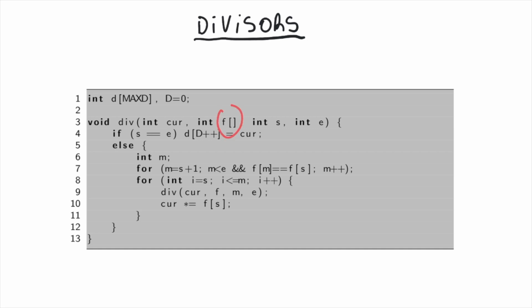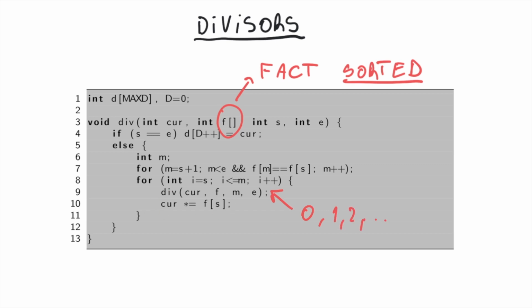Let's say we have here in f the output of our function fact from the previous slide. In this code, it's important to remember that this should be sorted before being used, right? And then we can recursively compute the divisors by just going through the prime factors and calling our recursive function either with 0 times that prime, 1 times that prime, so the counter gets increased here, and so on, up to the number of times it appears on our list.